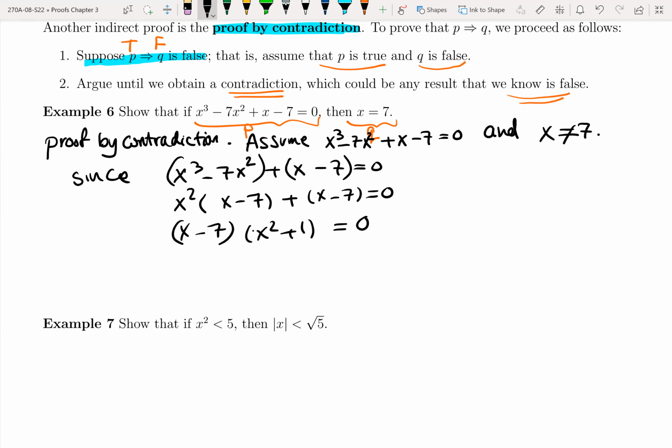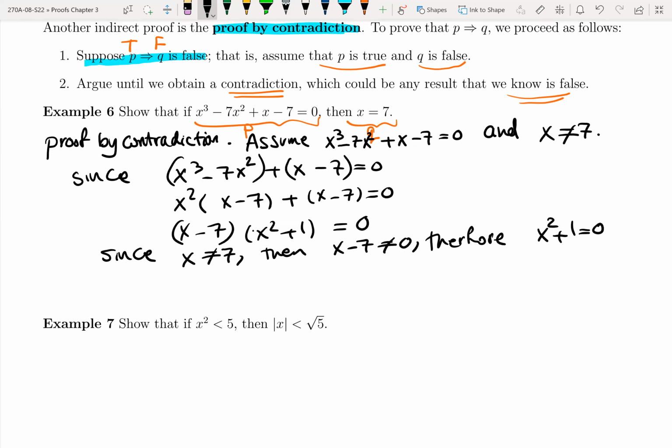Since you just said x is not 7, then x minus 7 is not 0. So the product is 0, right? How can I make it 0? If the first one is not 0, the second one has to be 0. So x squared plus 1 has to be 0.